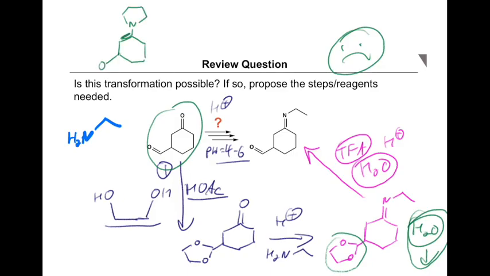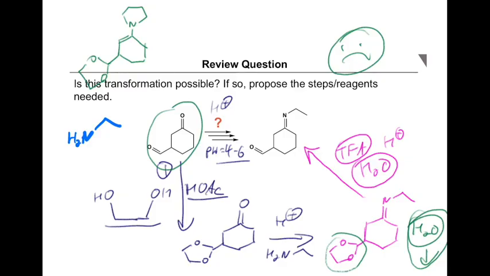Is that what you mean? Yeah. Sorry, hold on. Let me redraw that cleanly. That's what you made. Now what? What's your move? Then you could try to hydrolyze the acetal?